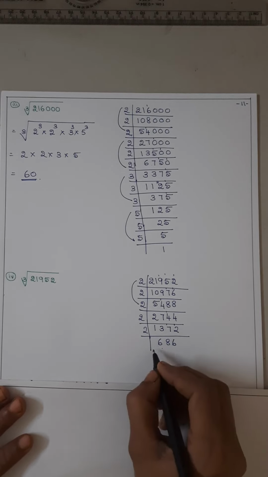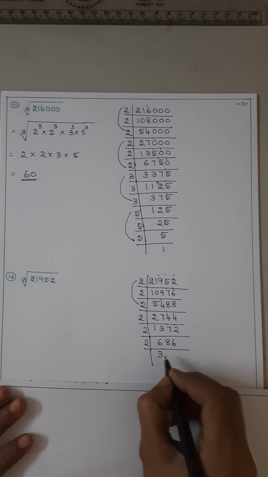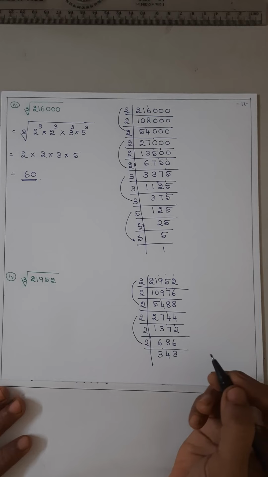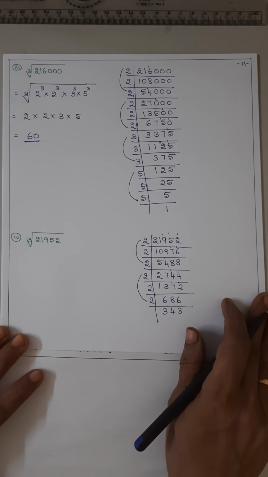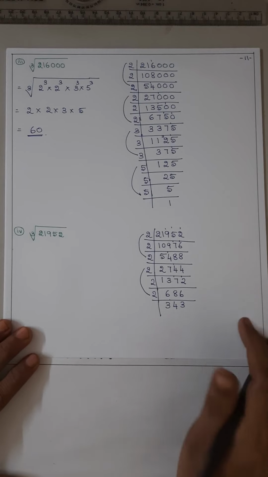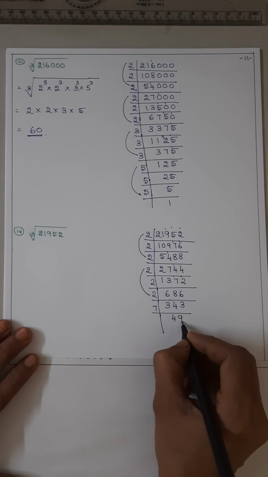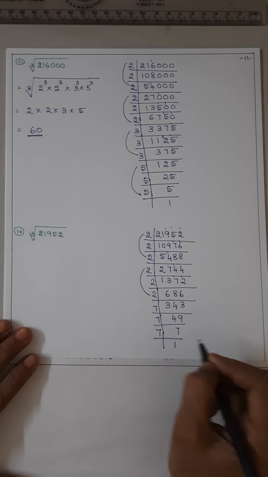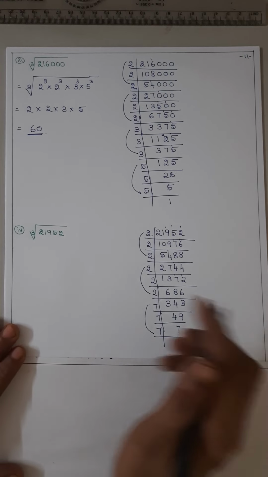Okay. Now again 2 3s are 6, 2 4s are 8, 2 3s are 6. You know, 343 is the cube of 7. So 7 49s are 343, 7 7s are 49, 7 1s are 7. Is it clear?